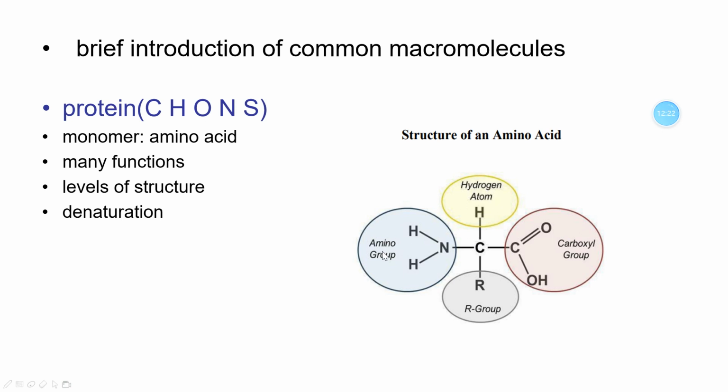Also, on the carbon atom, one side is the amino group, and the other side is the carboxyl group, and the last part is the R group. Different amino acids have different R groups because this is just the general form of an amino acid. The elements that compose protein are carbon, hydrogen, oxygen, nitrogen, and sulfur.